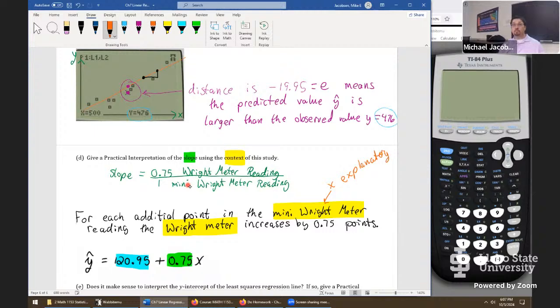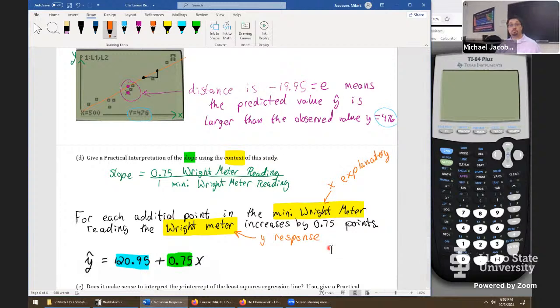So in our interpretation of slope, increase the unit of the explanatory variable by 1 each and every time, and that's always a process that's going to work out. Then we have to say something about what happens to y, the response variable. It'll either go up or down, depending on whether the slope is positive or negative, and the amount it goes up or down by is just whatever is in the numerator. So that's a pretty generic format for each one of these kinds of problems.